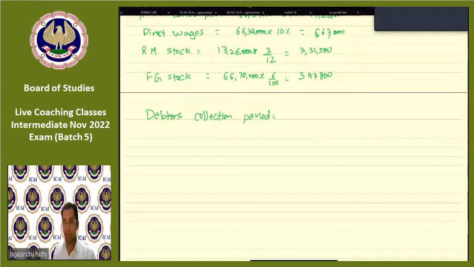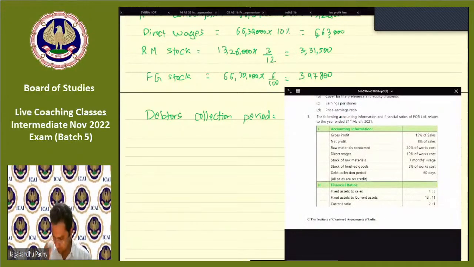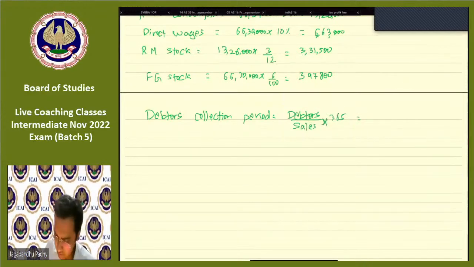Debtors collection period is basically average debtors, but there's no information about opening debtors. So whatever is the debtors, we take it as closing itself. So debtors upon sales into 365. Debtors collection period is 60 days. This is equal to 60.